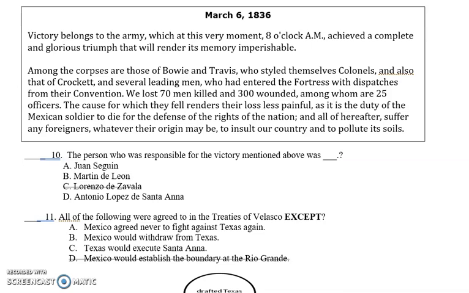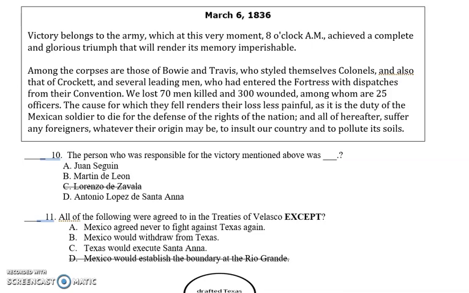March 6, 1836. Victory belongs to the Army, which at this very moment, 8 o'clock a.m., achieved a complete and glorious triumph and will remember its memorable imperishables. Among the corpses are those of Bowie and Travis, who styled themselves colonels, and also that of Crockett and several leading men, who had entered the fortress with dispatches from their convention.